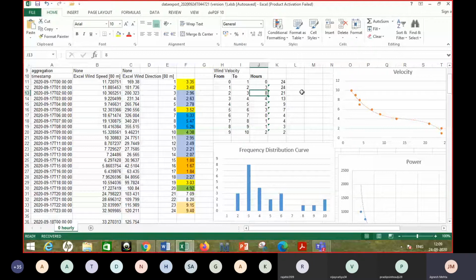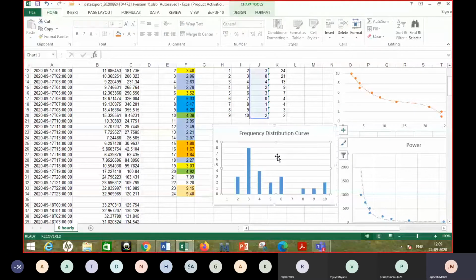Okay, so if I plot these hours versus the range, then it is the frequency distribution curve, as you find here. It is presented in the form of columns here.